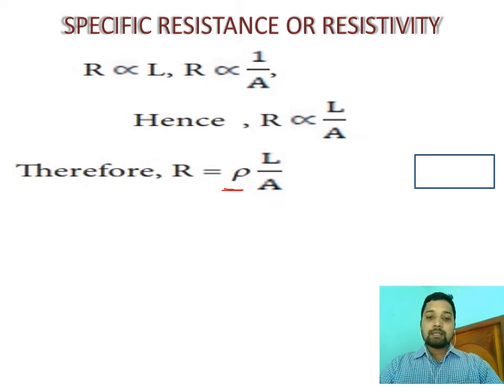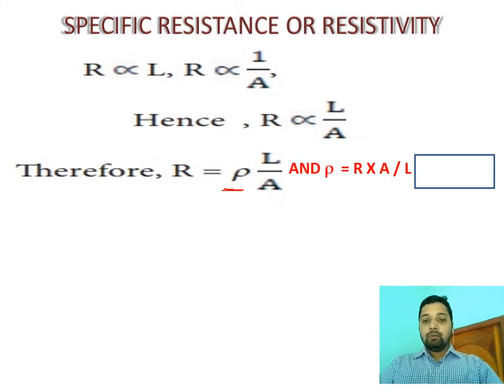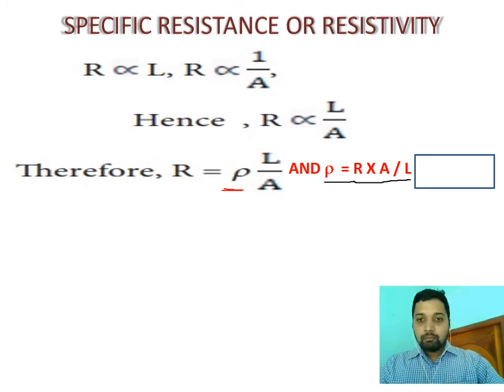What can you say about the resistivity? To find rho, the resistivity, we get resistivity equal to R, resistance, into area divided by length. When you come to the unit of resistivity, R is ohm, A is meter square, divided by meter. That means ohm meter is the unit of specific resistance.